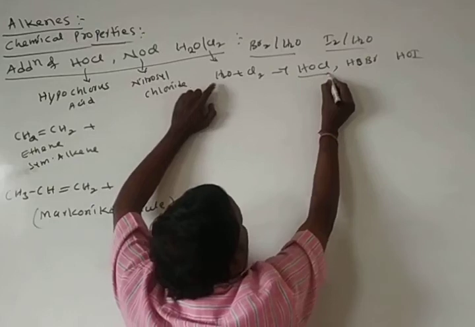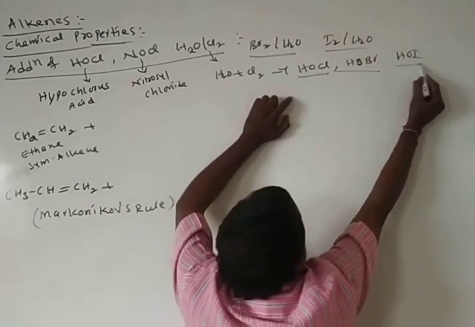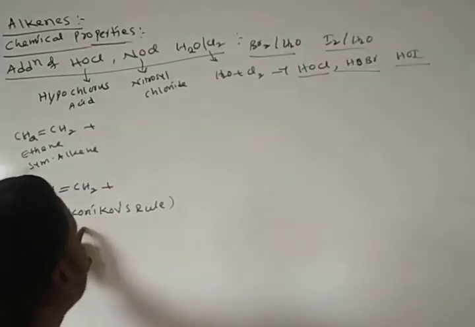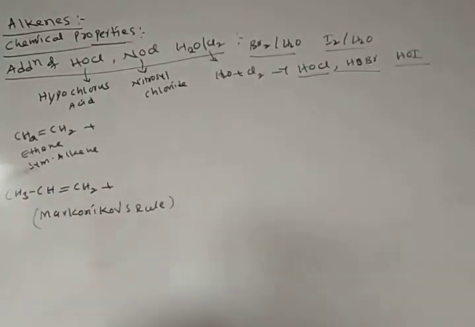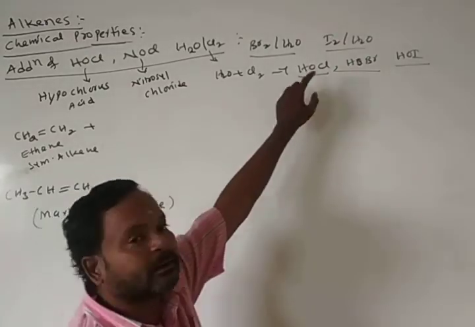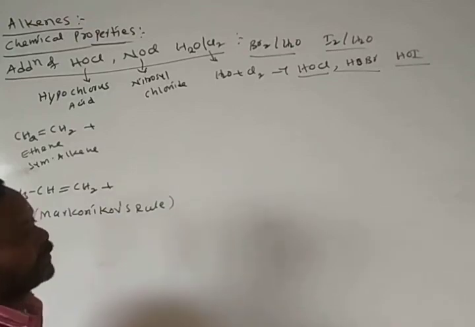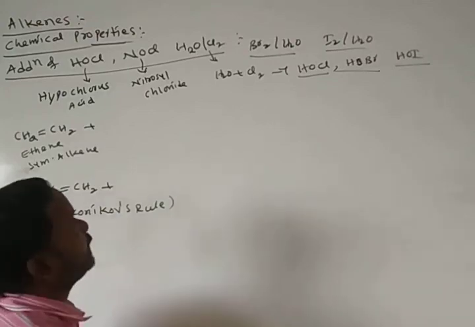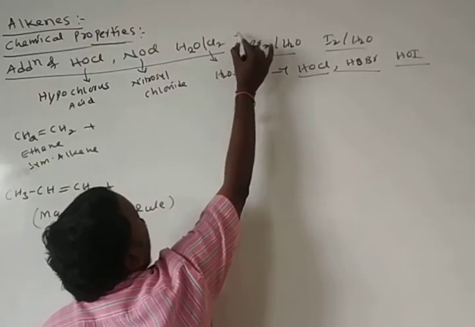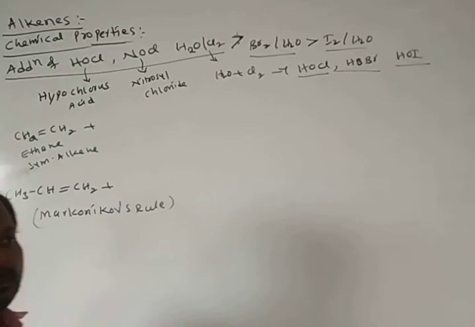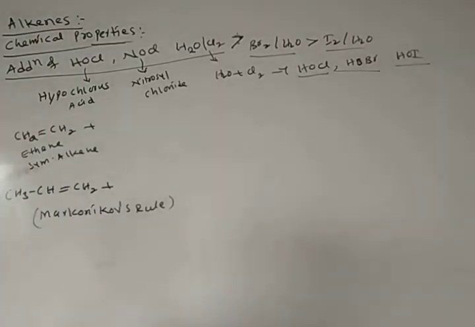These are called hypochlorous acid, hypobromous acid, hypoiodous acid. All are the same and follow only unsymmetrical alkene. Water and chlorine means HOCl, water and bromine means HOBr, water and iodine means HOI. The reactivity of chlorine water is more than bromine water, and than iodine water, due to the higher electronegativity.